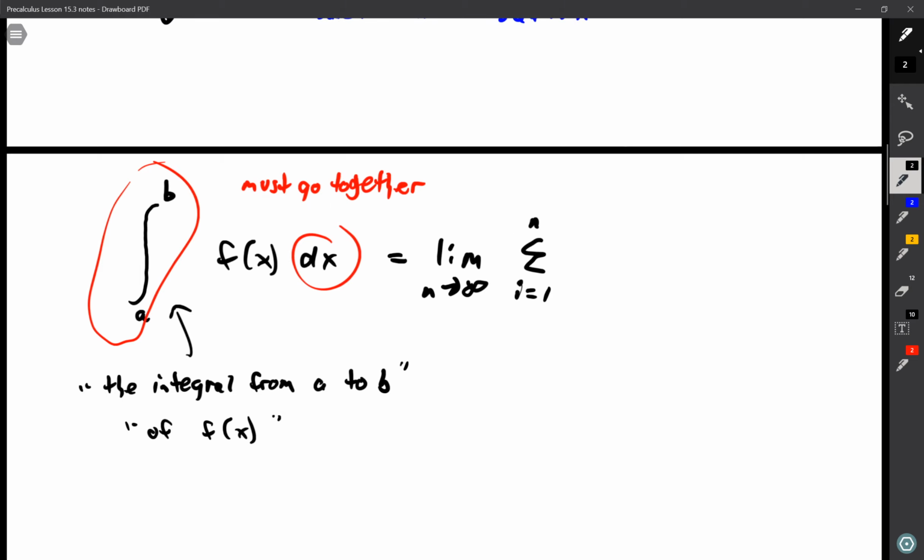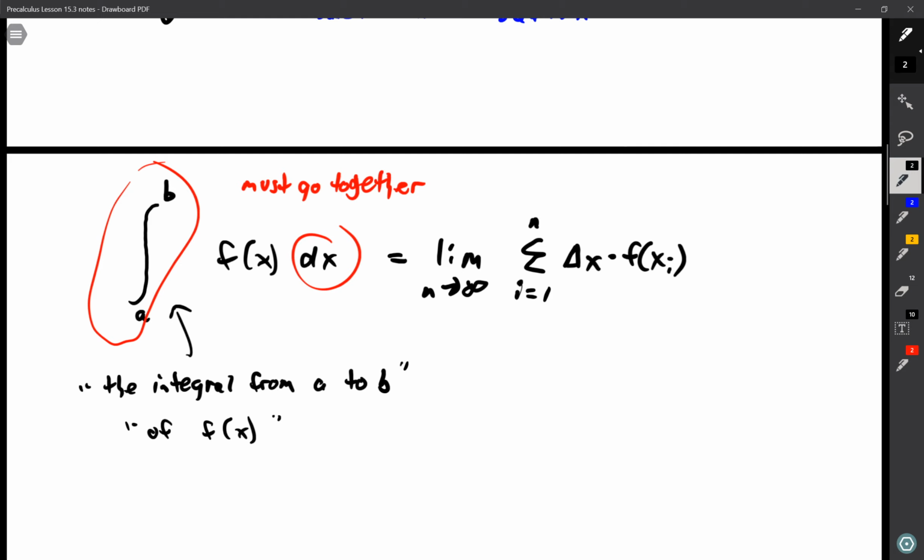Okay, so the limit here is saying we're dealing with an infinite number of rectangles. The sum here is for adding the areas of the rectangles. Well, what's the area of a rectangle? It's width times height. What do we say the width of these rectangles is? Delta x. What's the height? f of x sub i for whichever x value we're dealing with.